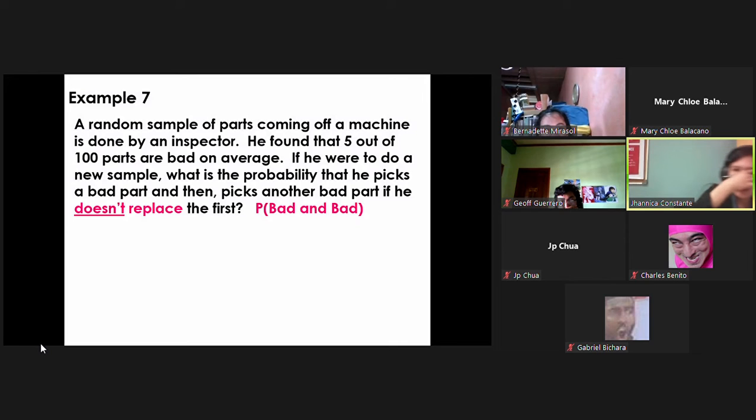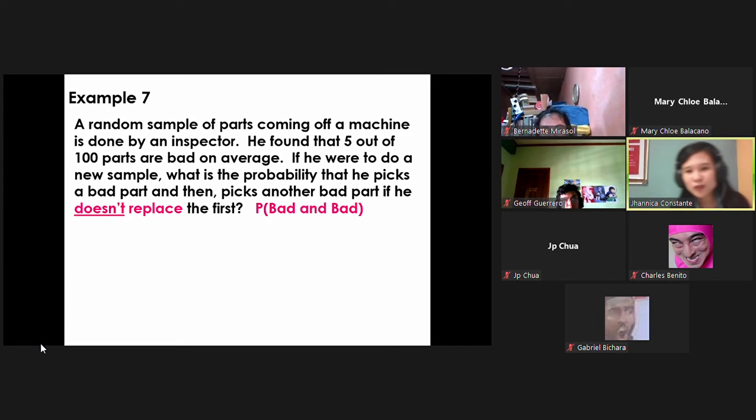So for example, a random sample of parts coming off a machine is done by an inspector. He found that 5 out of 100 parts are bad on average. If he were to do a new sample, what is the probability that he picks a bad part and then picks another bad part if he doesn't replace the first?